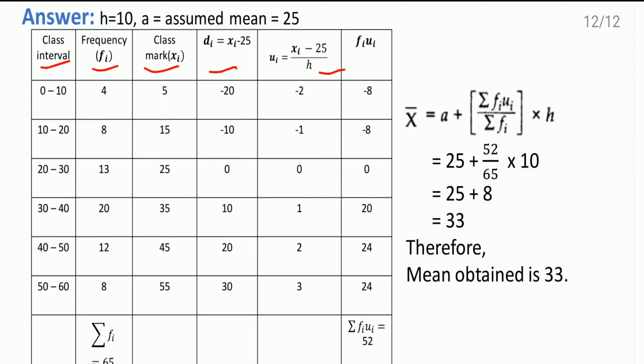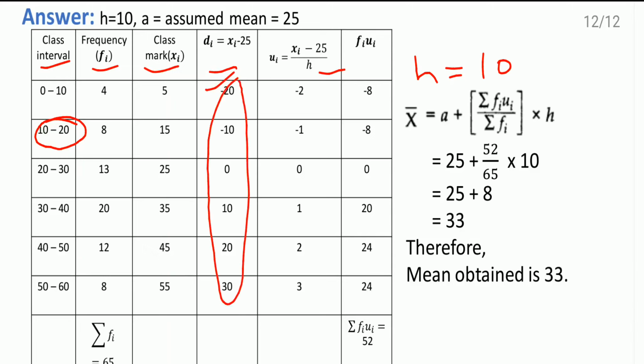Now in this case, what is our h? See here, h is the class size. Take any class, upper limit minus lower limit. So h is equal to 20 minus 10, it will come as 10. Or the common divisor of these di values, which is coming as 10 only.